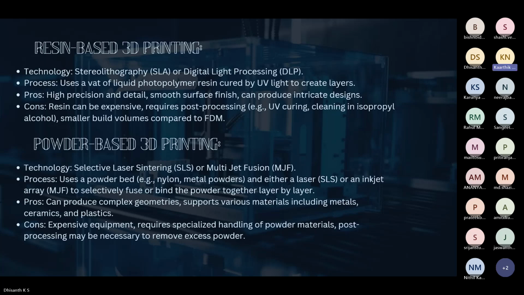The pros are that it produces complex geometries and supports various materials, including metal, ceramics, and plastics. The cons are that it is also expensive, like resin-based 3D printing, and requires specialized handling of powder materials. It also has some post-processing work to do.